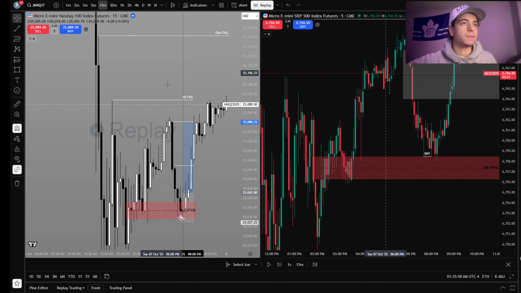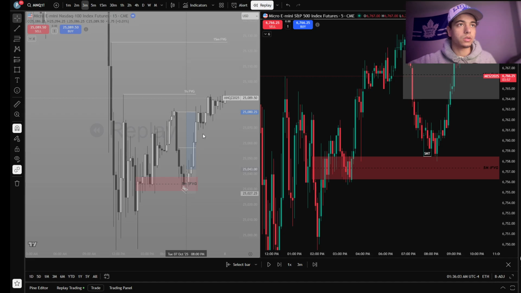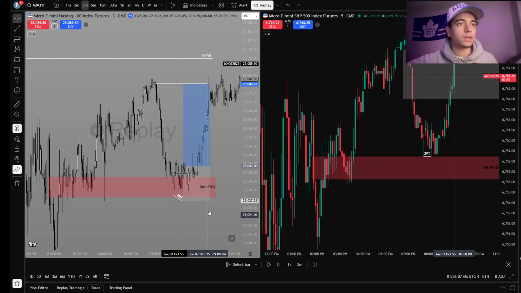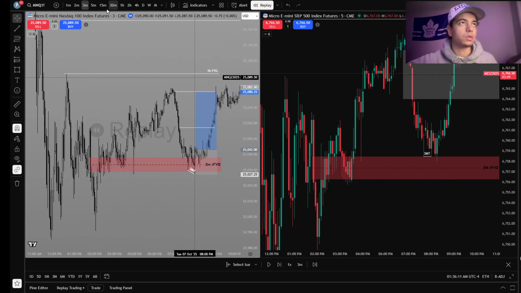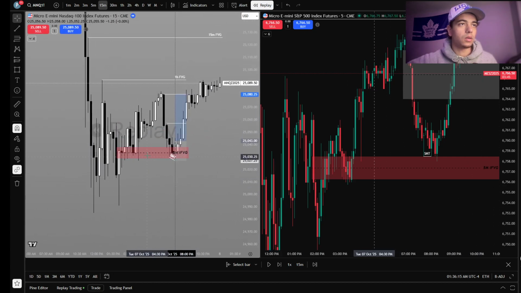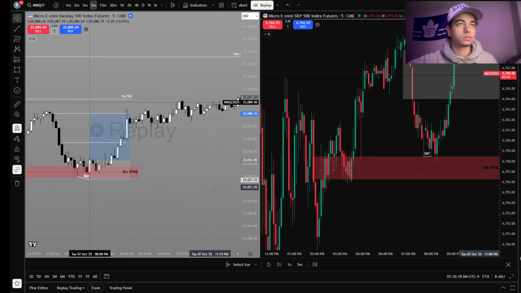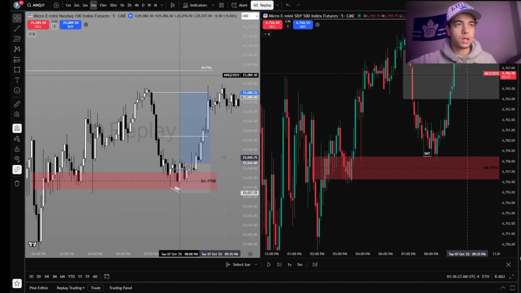It has a bunch of names, but I do find it to be a good draw as well, especially when you have reversal confluences such as an SMT in a 5 or 15-minute PD array. We also had this 5-minute rejection block right there. And yeah, that was the main confluence for this trade.